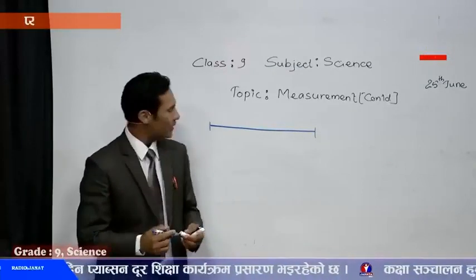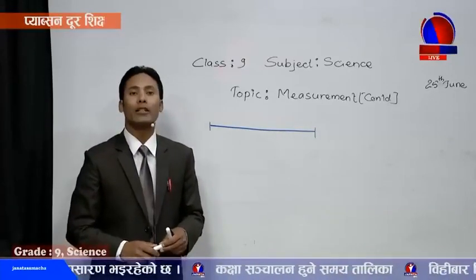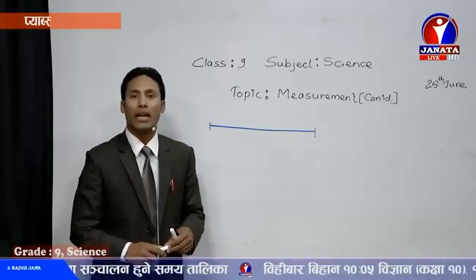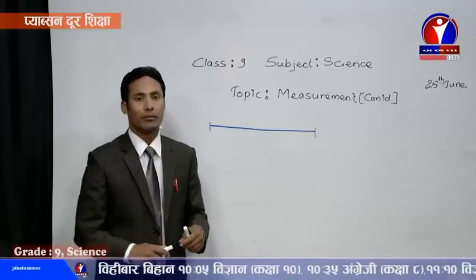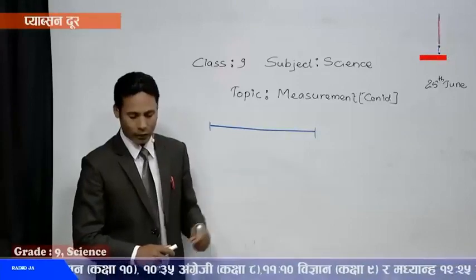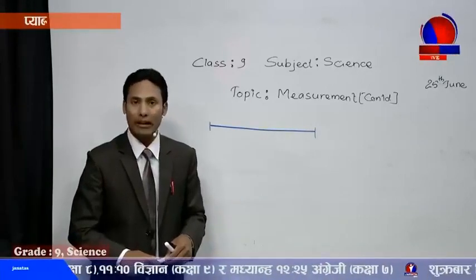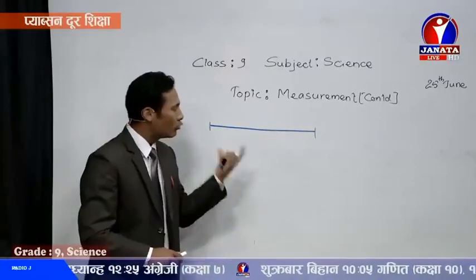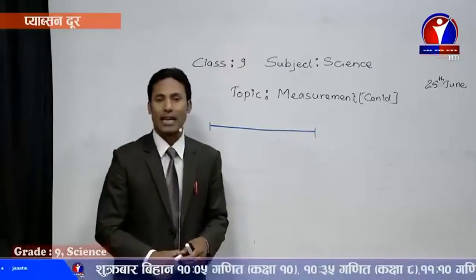This 1 standard meter can be defined as the distance between the 2 fine gold lines drawn on the platinum iridium rod, which is preserved at the International Bureau of Weights and Measures in Paris. The distance between the 2 fine gold lines drawn on that rod is known as the 1 standard meter.